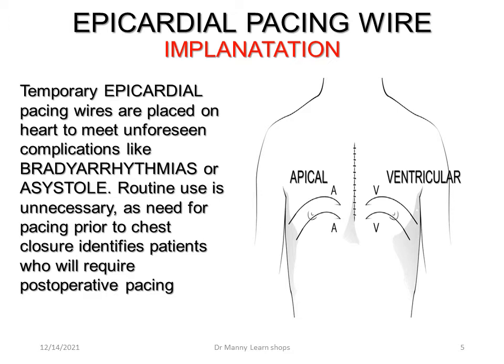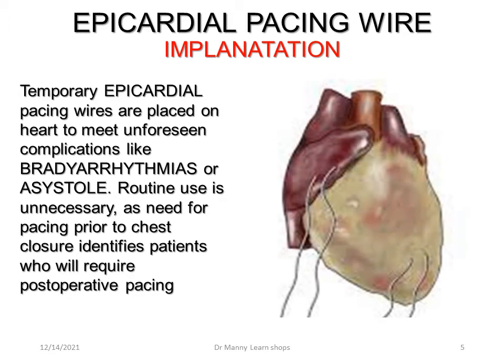Routine use, however, in the literature is unnecessary, as the need for pacing prior to chest closure identifies patients who will require postoperative pacing. However, in my career, patients have come back quite stable to the post-cardiac surgical ICU, and they didn't have epicardial pacing wires in, and they did go into a bradydysrhythmia unexpectedly.